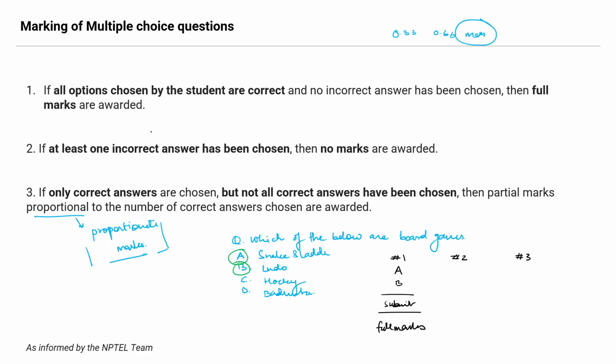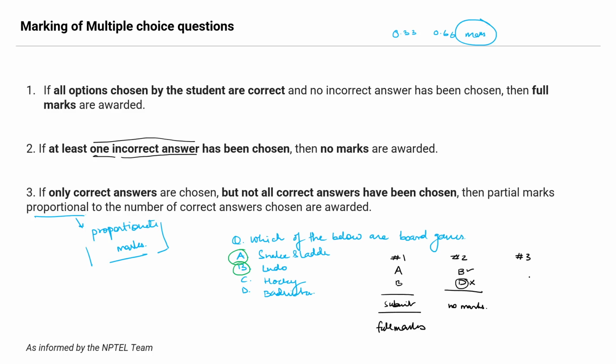Let's take scenario 2. If at least one incorrect answer has been chosen, then no marks. So, for example, I select B and I have selected D. Although B is the correct one and D is the incorrect one, I'll get no marks because I have chosen one incorrect answer.